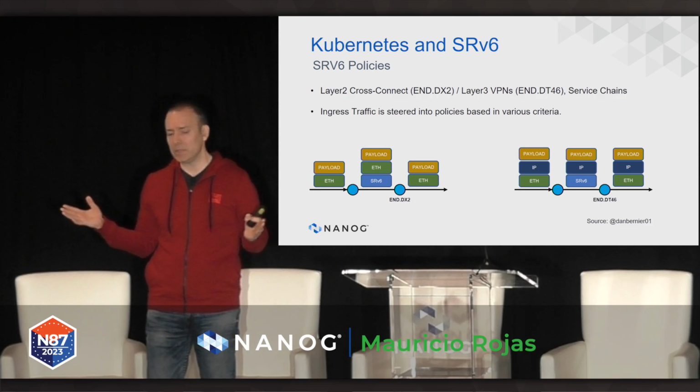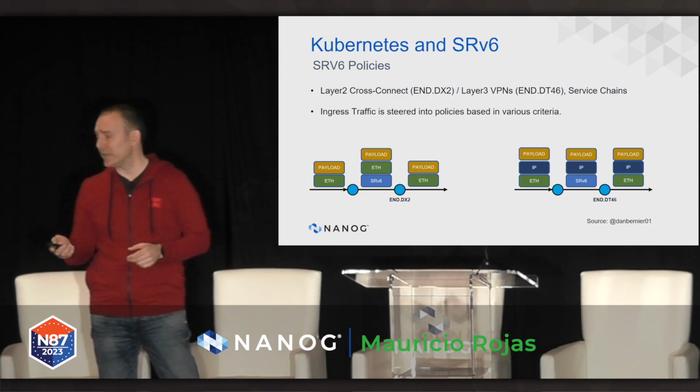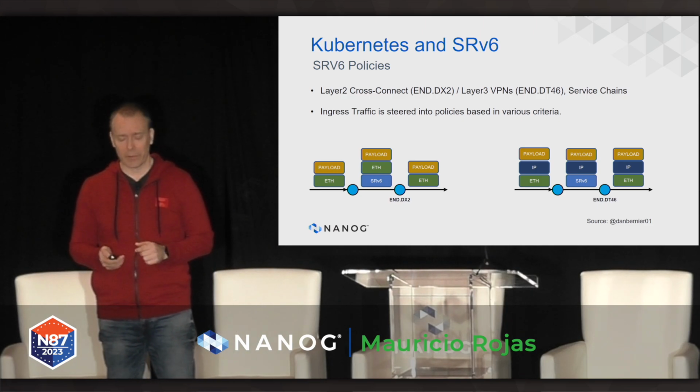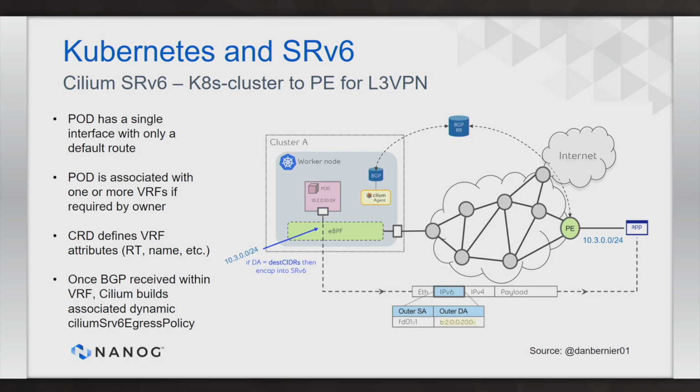I just need IPv6 addresses in order to make it work. What he's working on with Cilium is defined using eBPF. Everything is processed with eBPF, and using CRDs to put all the configurations he's going to need in the ingress route for that SRv6.